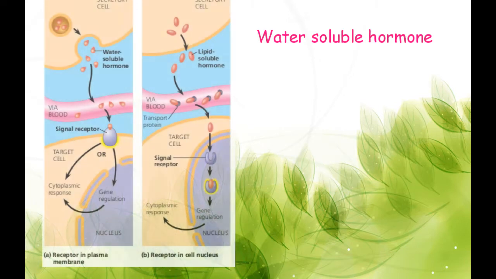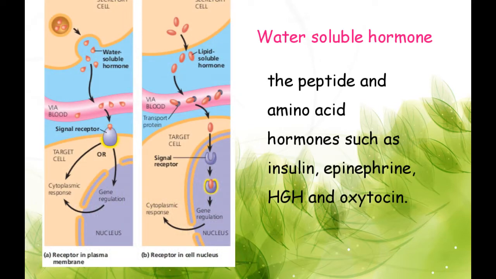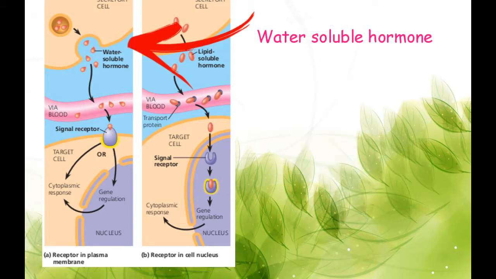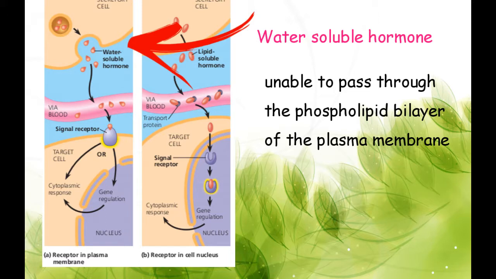Water-soluble hormones include the peptide and amino acid hormones such as insulin, epinephrine, HGH, and oxytocin. They are unable to pass through the phospholipid bilayer of the plasma membrane and depend upon receptor molecules on the surface of the cell. When they bind to the receptor molecules, they trigger a reaction inside the cell.